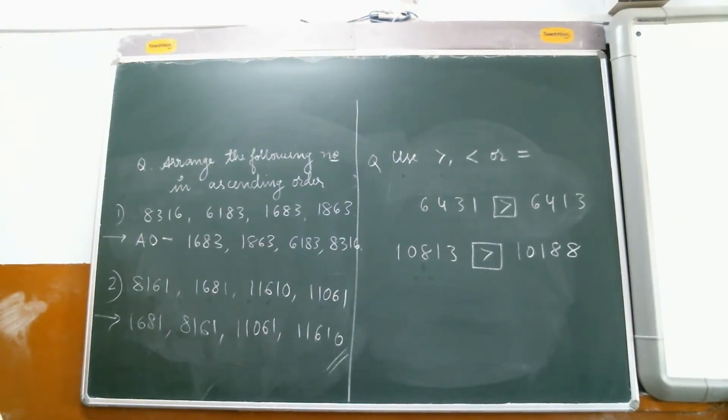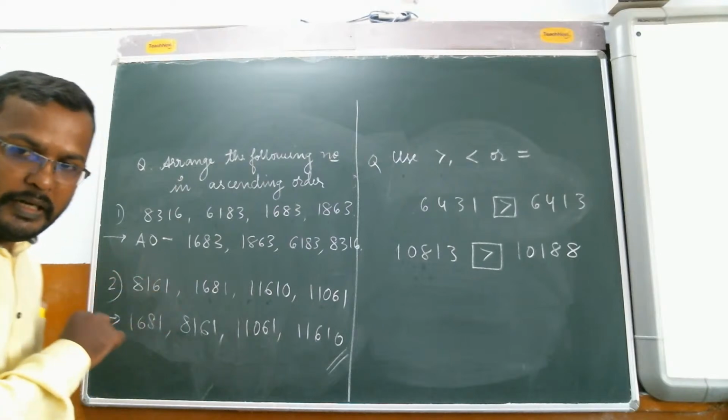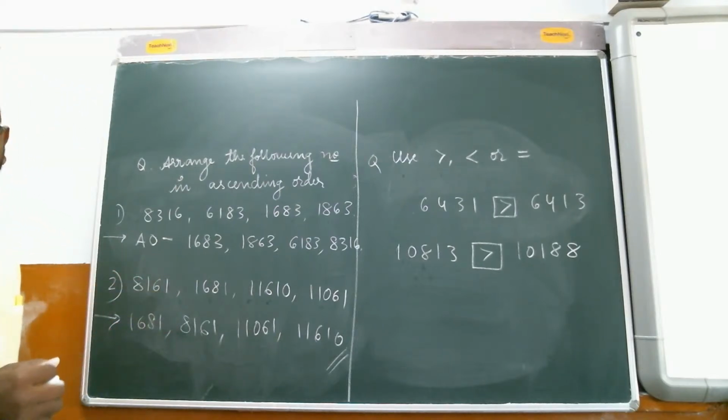Okay, sorry. So if they are asking you to arrange in descending order, just you have to do it opposite of this. You have to arrange the numbers from bigger to smaller.